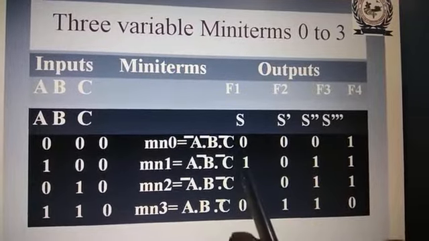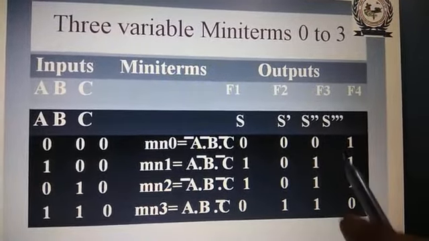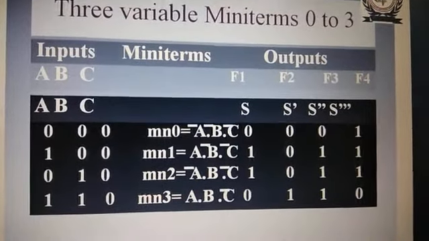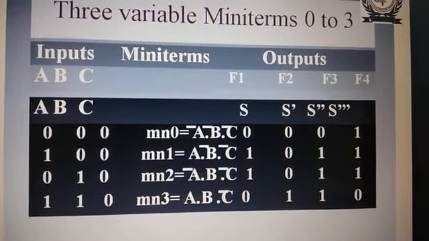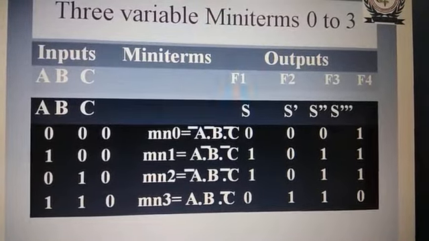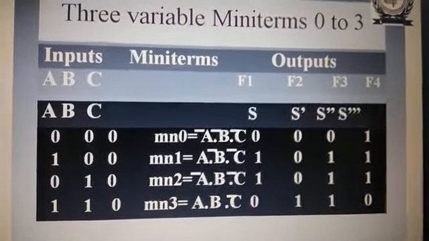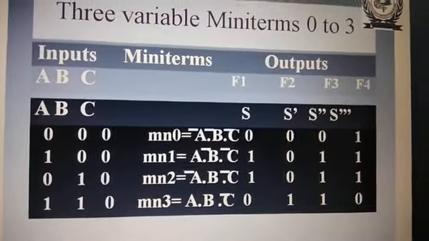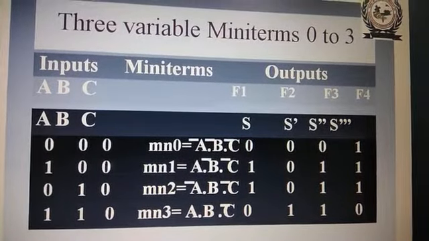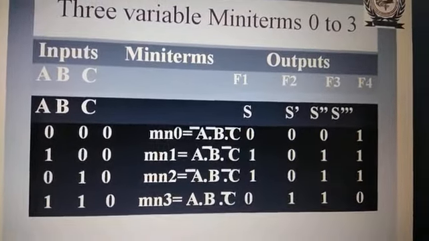This is XOR, OR and NAND. With 3 variables, F1, F2, F3 and F4 are the outputs. This is min term 0, min term 1, min term 2, min term 3. And since these are all 0, it is A bar, B bar, C bar.